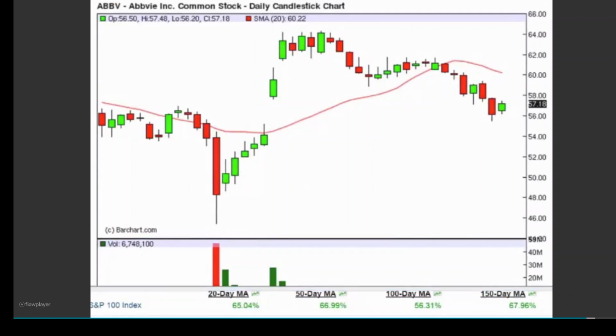Here, if you happened to have gotten in anywhere down here, odds are low that you did, but let's say you did. Here, this straight up move here, you're definitely in location 5. If your stop was here, it's certainly not there now. You're going bar by bar here in location 5. Nothing wrong with that.